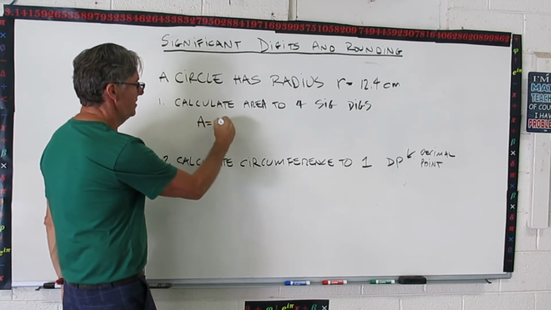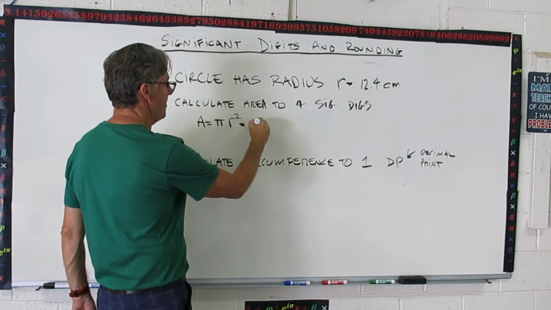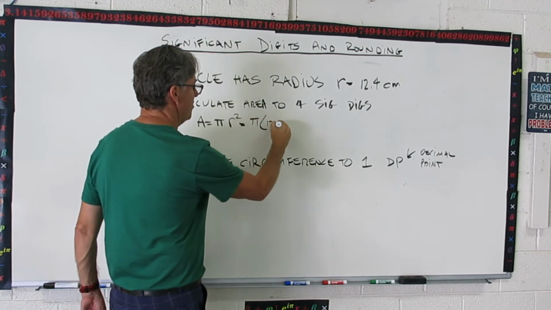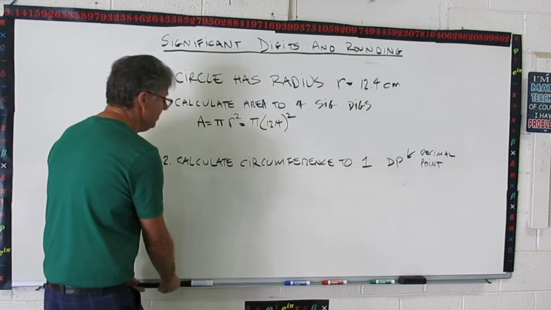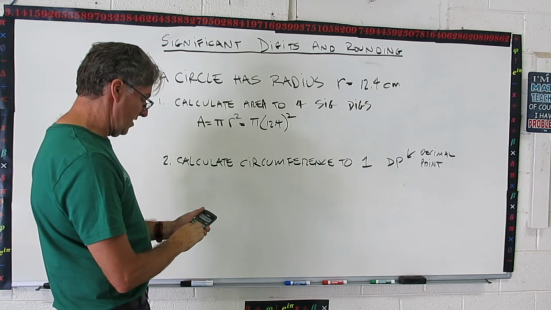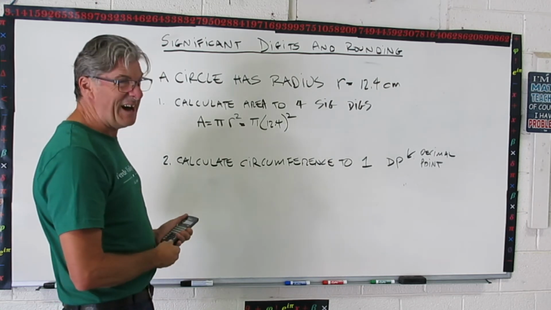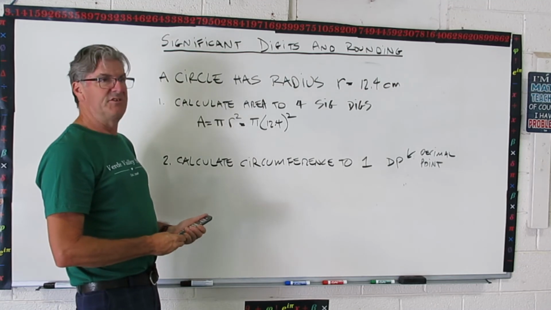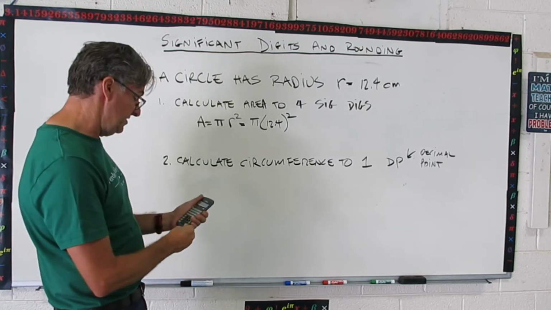Area equals pi r squared, which is going to be pi times 12.4 squared. So I'm going to get out my calculator and just do that. 12.4, square that, and then multiply it by pi. And there's a pi button on your calculator. Don't type in 3.14, use the pi button, because then you'll get the correct number of digits.